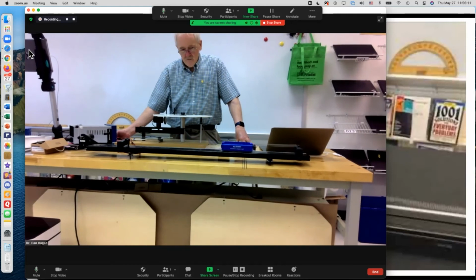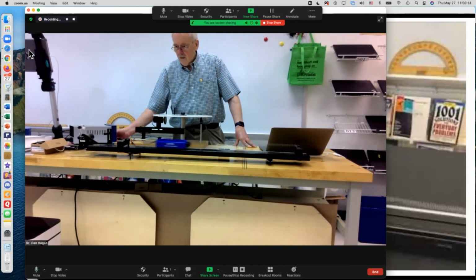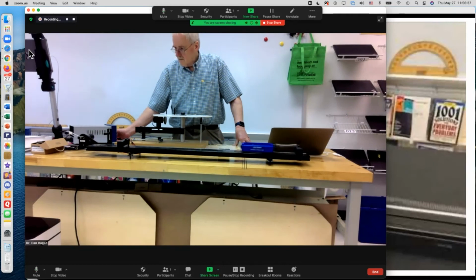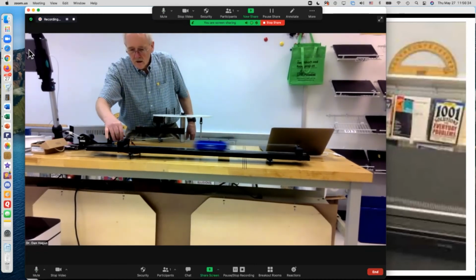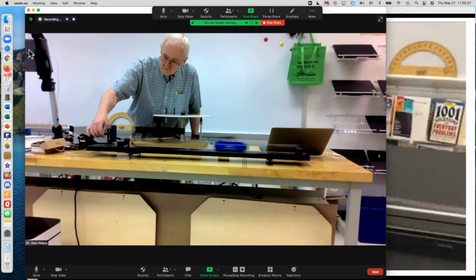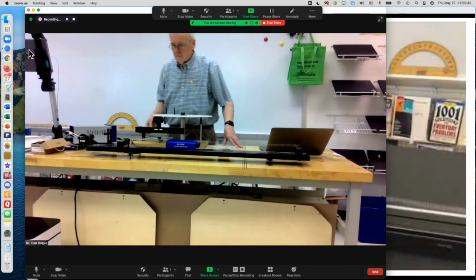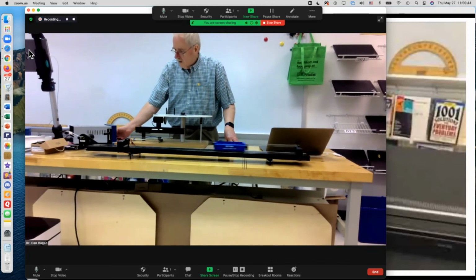If I go way up, now typically what happens is, all right, notice how it's speeding up and slowing down.